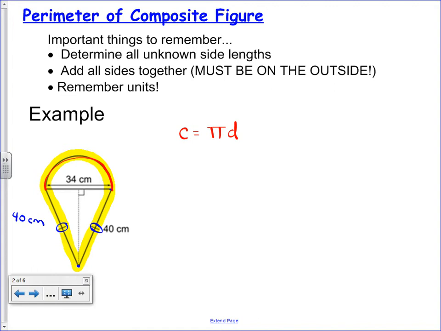Why would he choose pi d? I'm given the diameter here of 34 centimeters, so I use that. So what will I write on my next line here? C equals what?